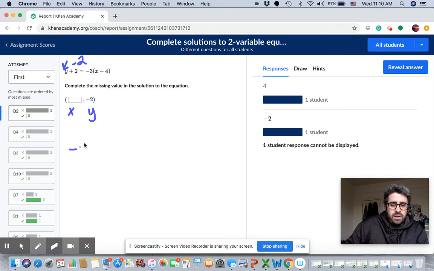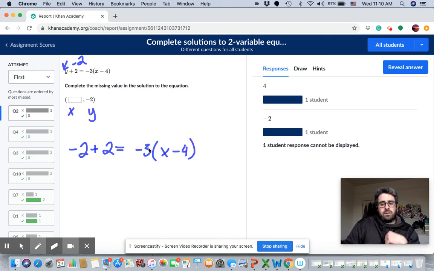So I'm going to say -2 plus 2, because I'm plugging in -2, is equal to -3 times x minus 4. So this goes back to solving equations. We're going to combine like terms, we're going to distribute, and then use inverse operations.